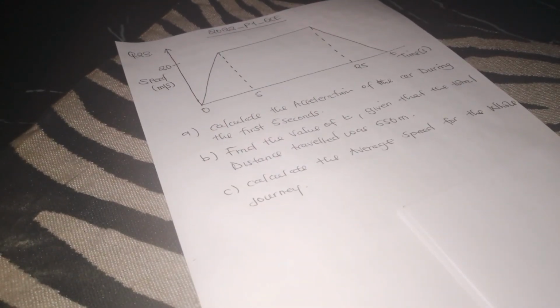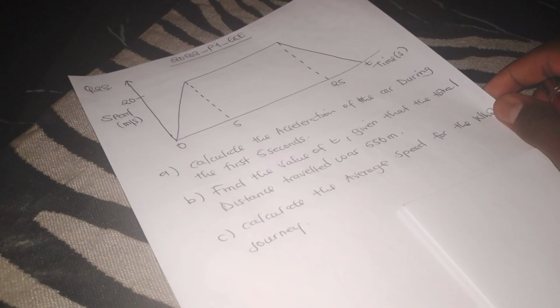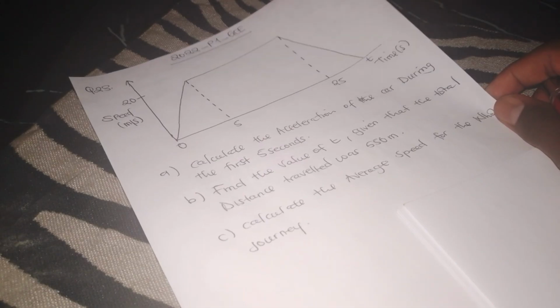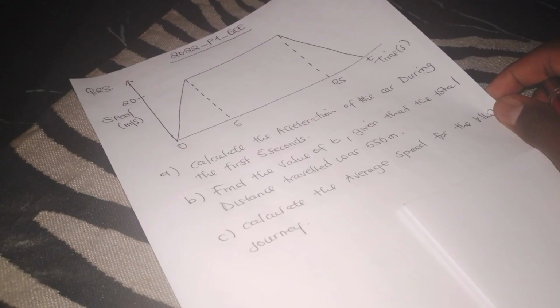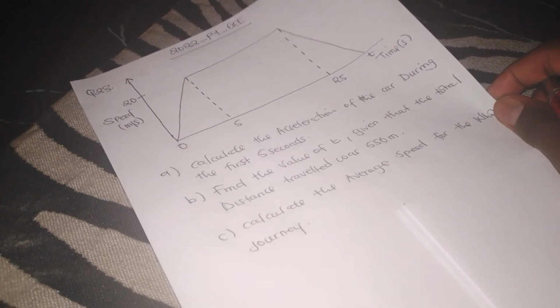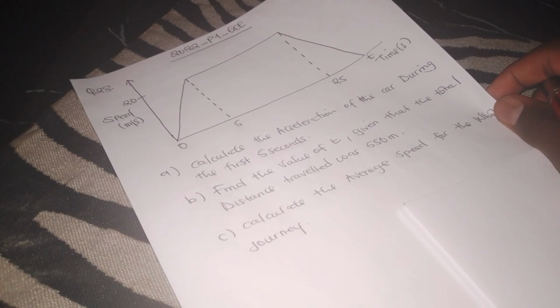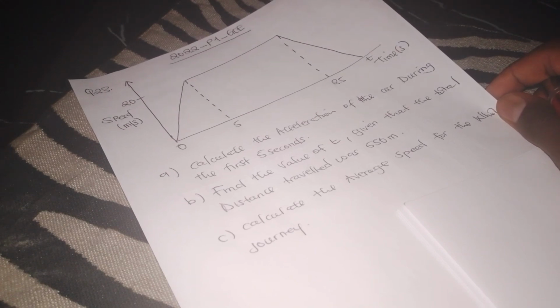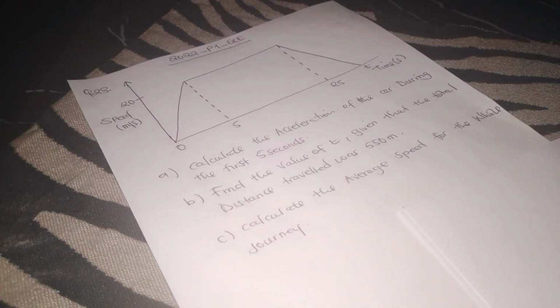Yeah, so as you can see, this one is from 2022 paper 1 GCE. We've been given a diagram, and in the first question you are asked to calculate the acceleration of the car during the first 5 seconds. So we're going to use the formula for acceleration.